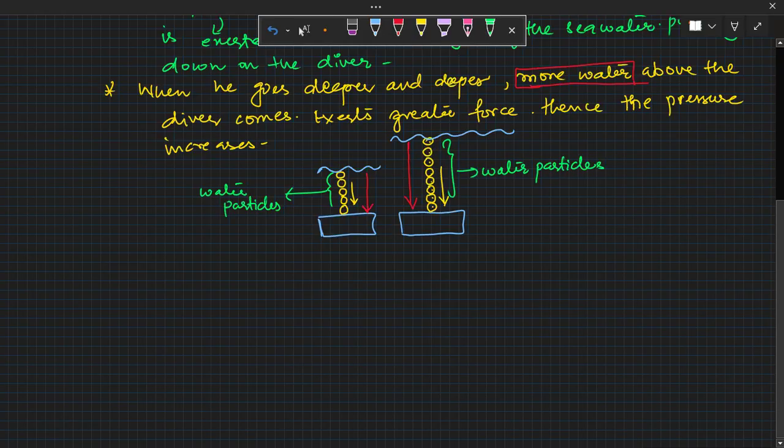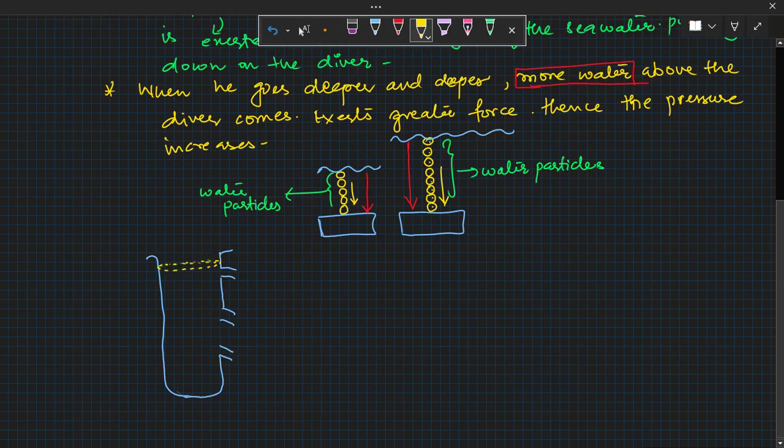How does depth affect pressure in a liquid? I have spoken about that. So if I take this example, if I have this container, and this container has different outlets, right? Let me make it the same size so that you do not get confused. Now you can see I have taken this, and let's say this is the level of the water.